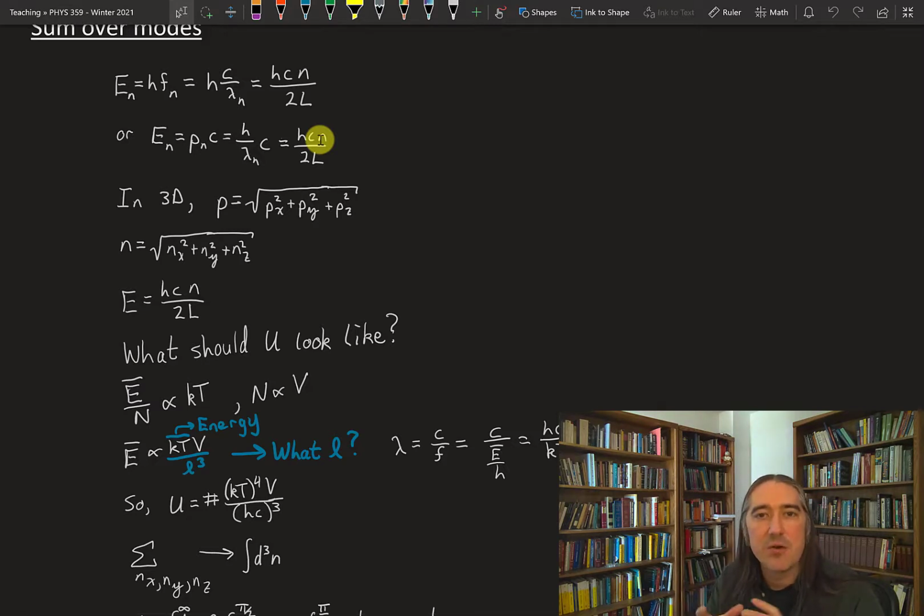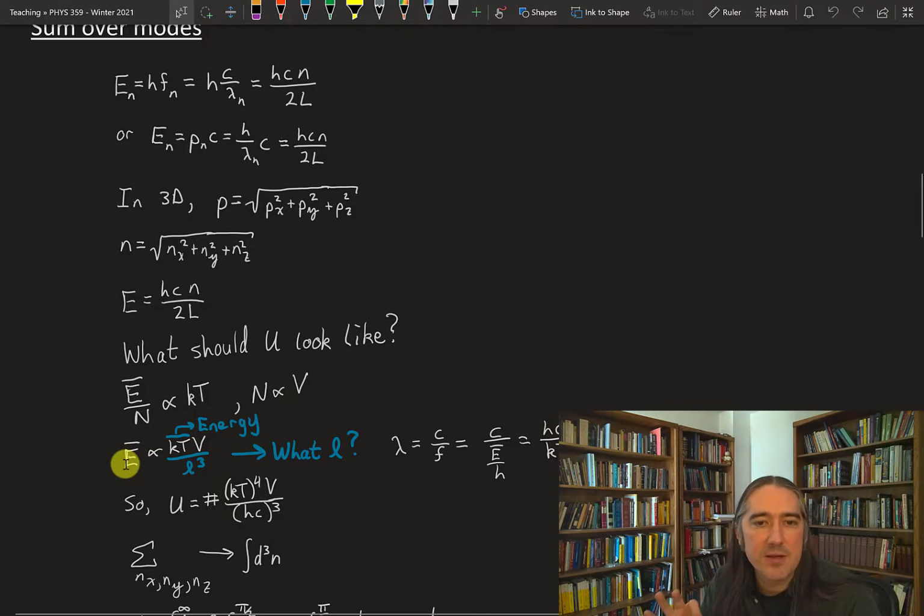If I change the volume, the number of particles at a given temperature will be proportional to that volume. To say it differently, in the case of photons, number is an extensive quantity. Generically energy is an extensive quantity, and in the case of photons, because they can be created or destroyed, the number will also be extensive.